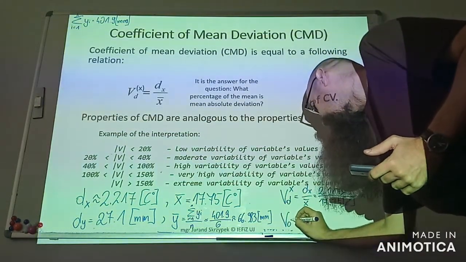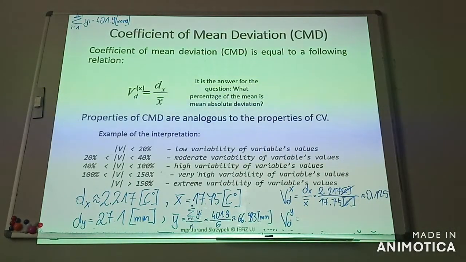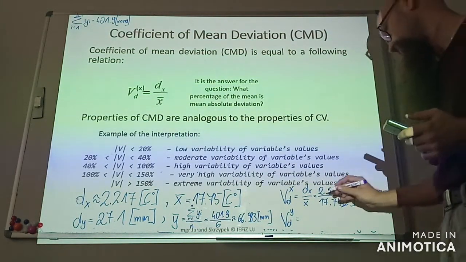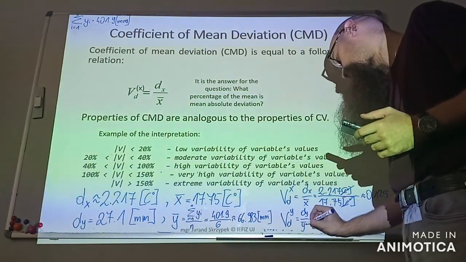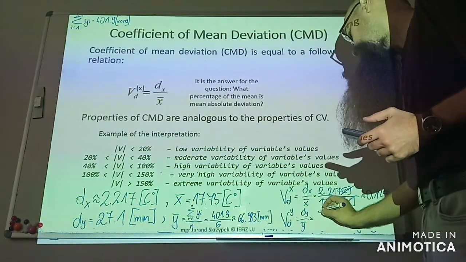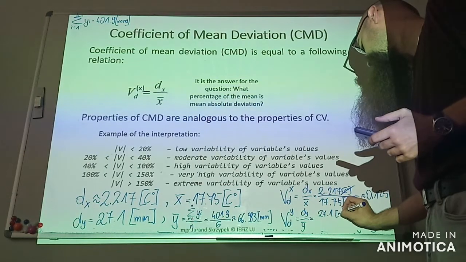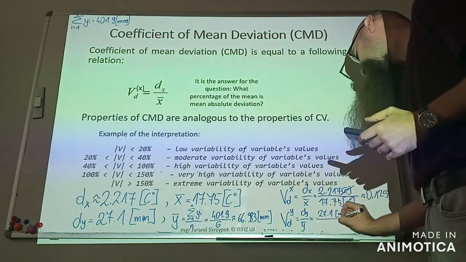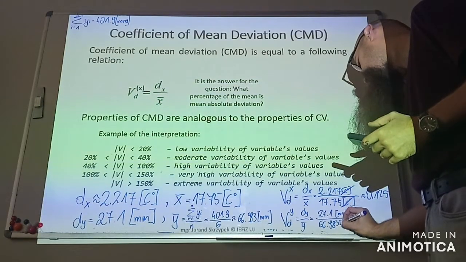The analogous coefficient for the y variable, monthly precipitations, is dy divided by y mean. In our example, we divide 27.1 millimeters by 66.983 millimeters.